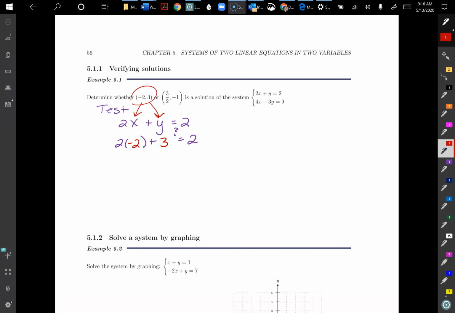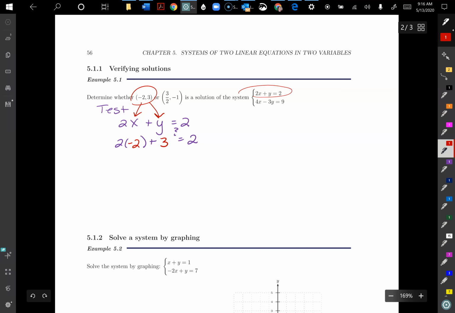So now we have what I've written out here: 2x plus y equals 2. I'm picking this first top one, and we'll call that equation 1. So we're going to test equation 1. I just rewrote the equation there, and I'm picking one point to start with. I'm going to plug that in and see if it's true. So remember, does it equal, right?